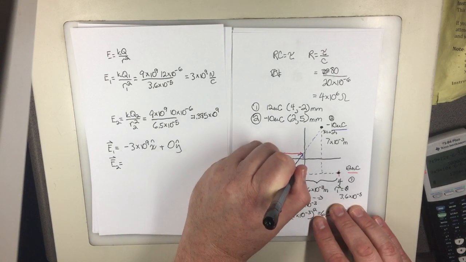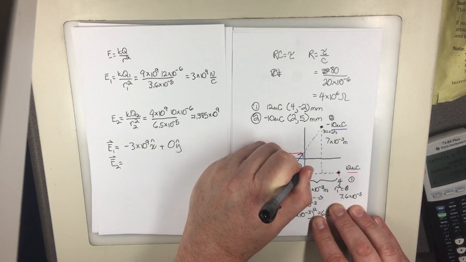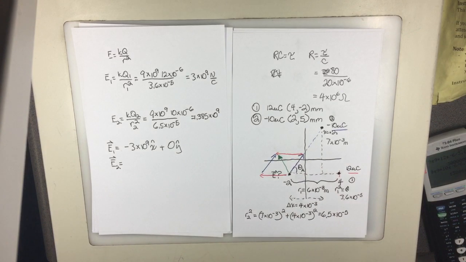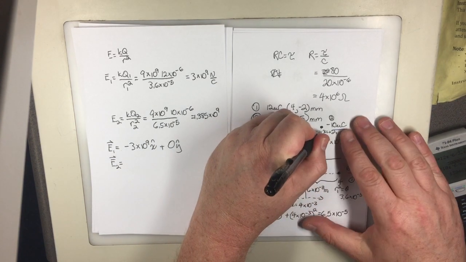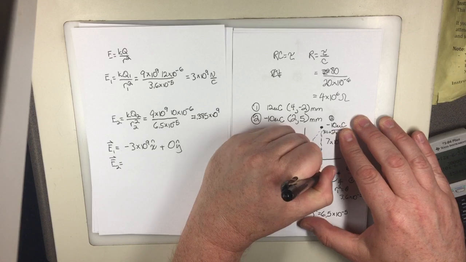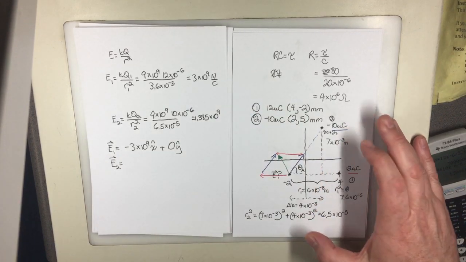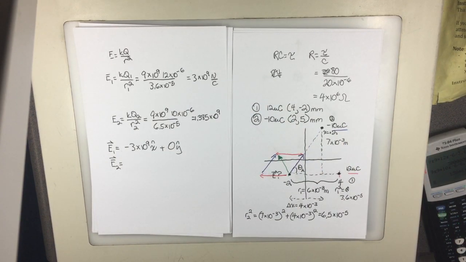I need this angle here. And because it's first quadrant, the reference angle and the absolute angle are identical. And how do I get that angle? I take the inverse tan of the ratio of opposite over adjacent.